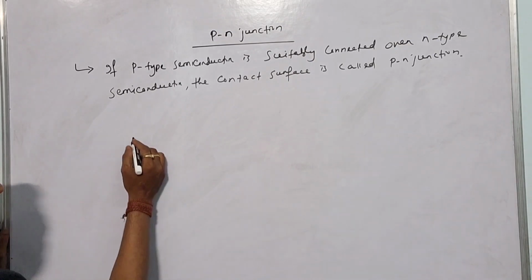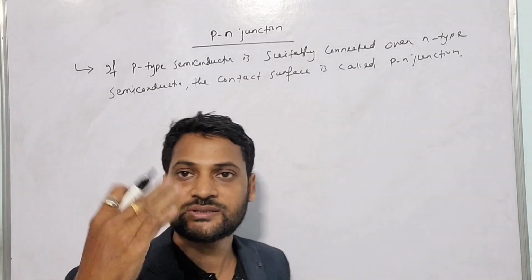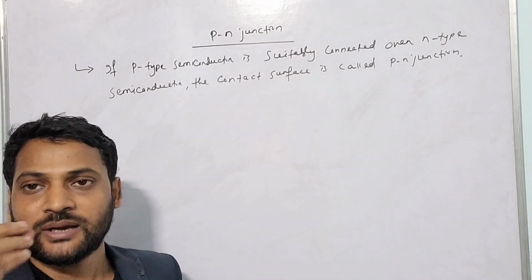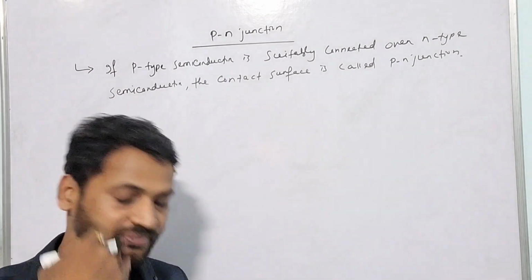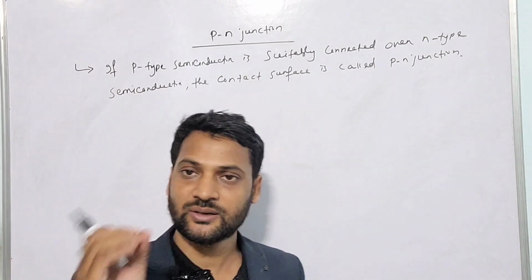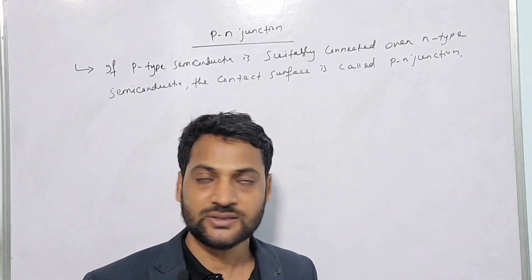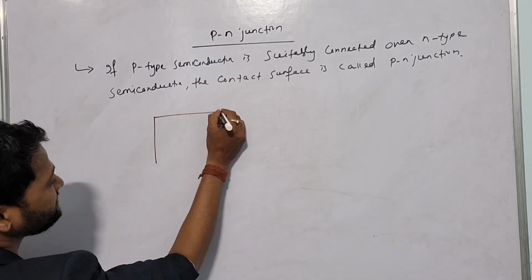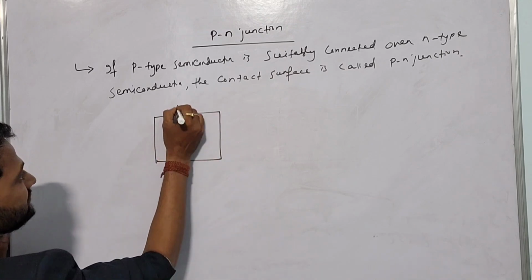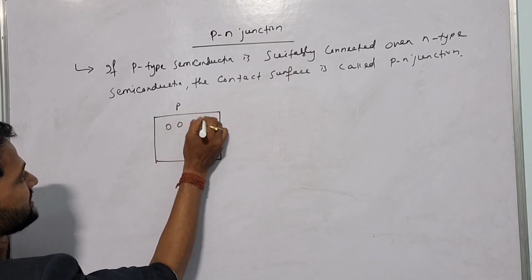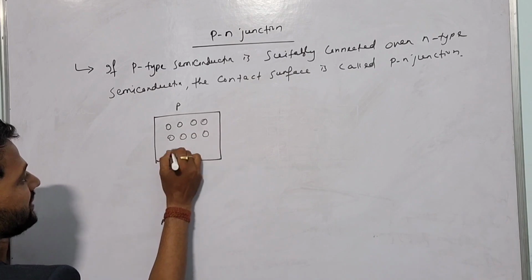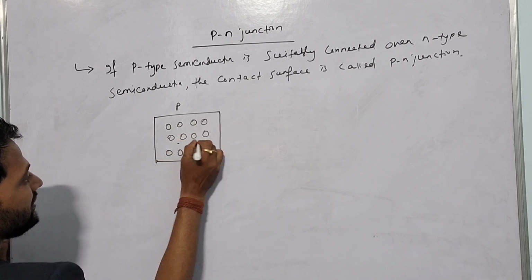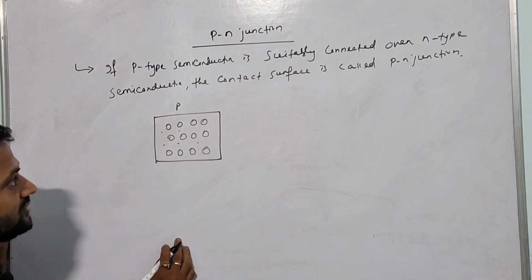Okay. So as you know, in p-type semiconductor, majority charge carrier is hole and minority is electron. But in n-type semiconductor, majority charge carrier is electron and minority charge carrier is hole. So let us draw the diagram. This one is p-type semiconductor, and majority charge carriers of p-type semiconductor are the holes and minority are the electrons.